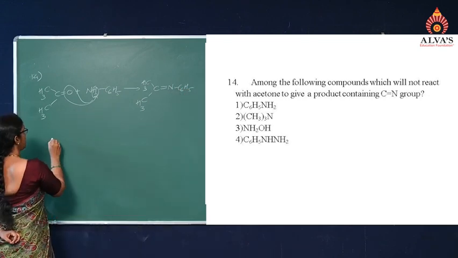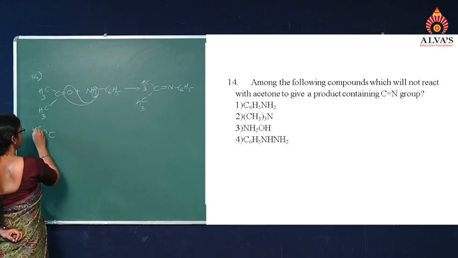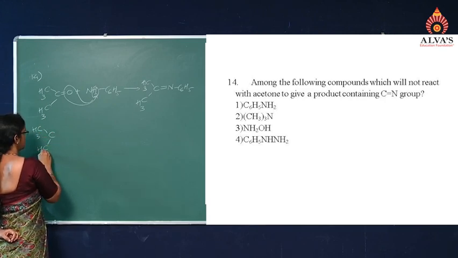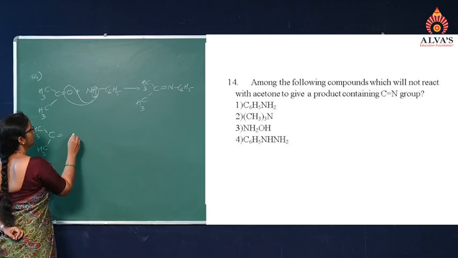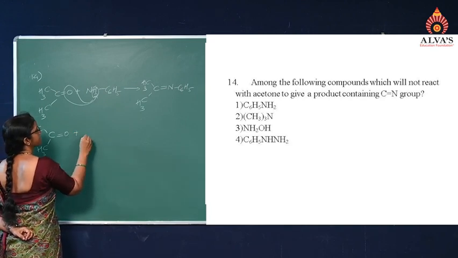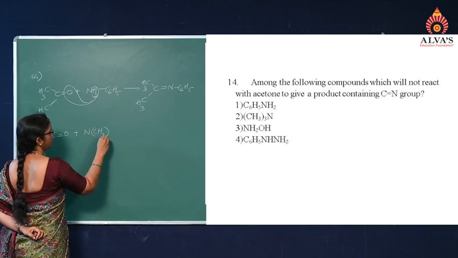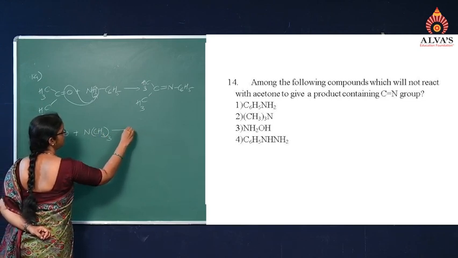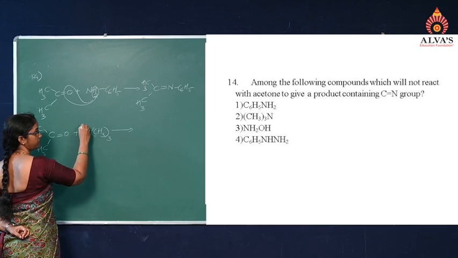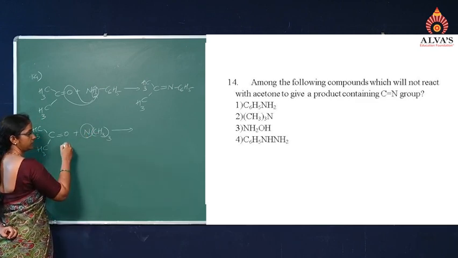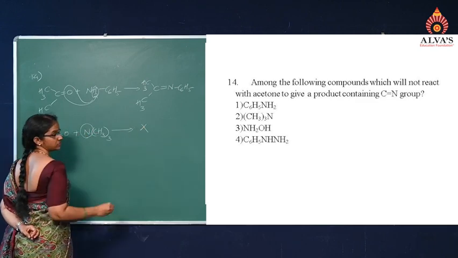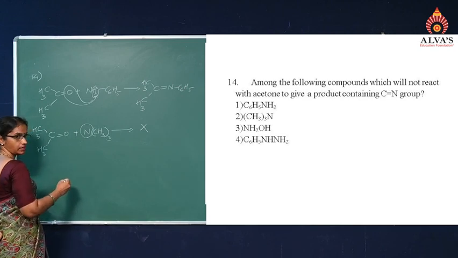Next, when acetone reacts with trimethylamine, there is a problem because the molecule of amine does not have hydrogen on nitrogen. It will not undergo addition elimination like the previous one.